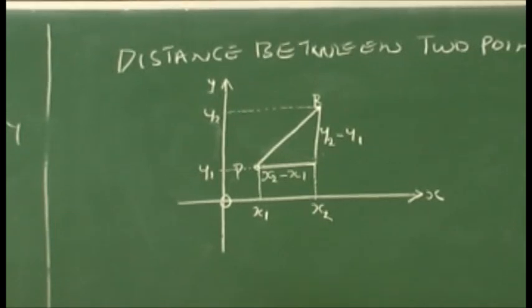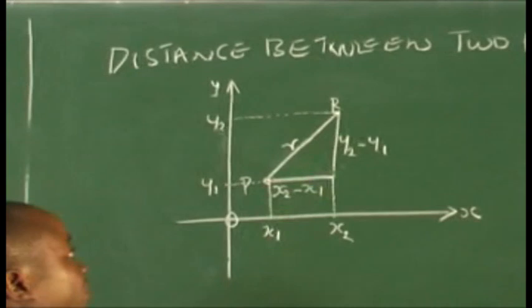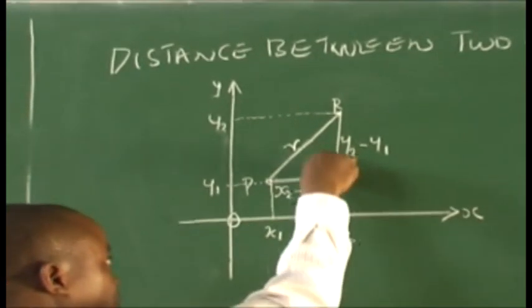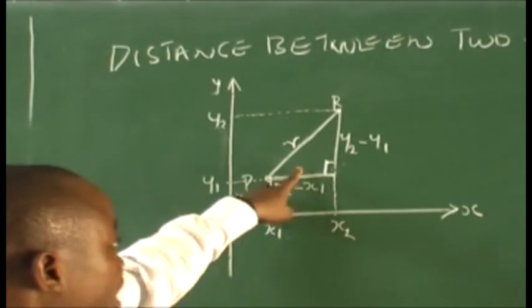And so this one, let me represent by r. But one thing is sure here, that I have a right angle triangle.